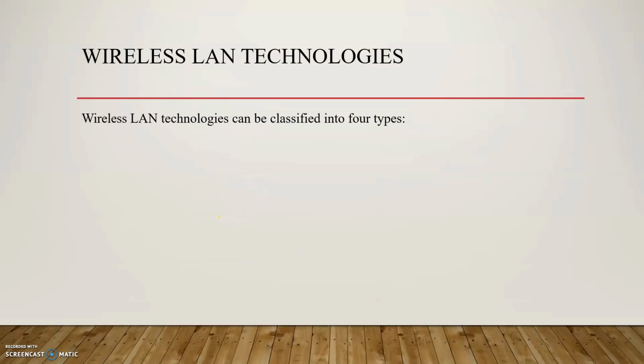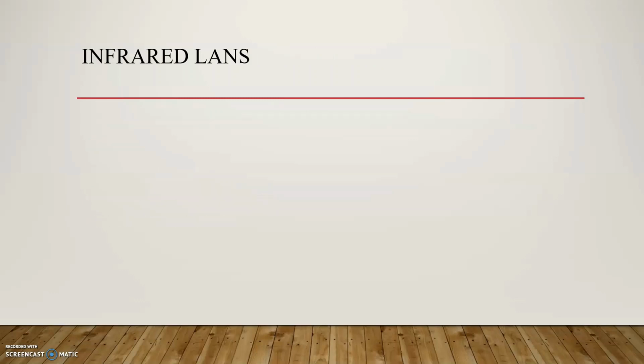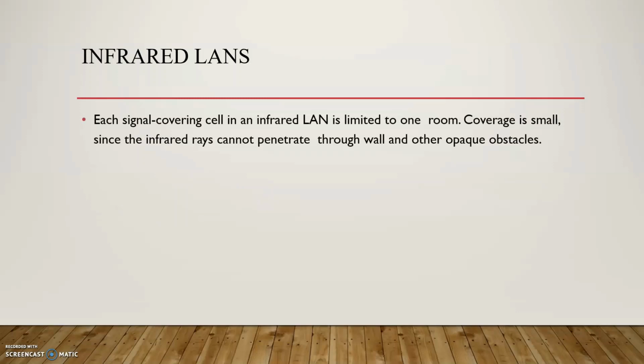Now let us look at some of the wireless LAN technologies. Wireless LAN technologies can be classified into four types: infrared, spread spectrum, narrowband radio frequency, and home radio frequency and Bluetooth. Infrared LANs. Each signal covering cell in an infrared LAN is limited to one room.